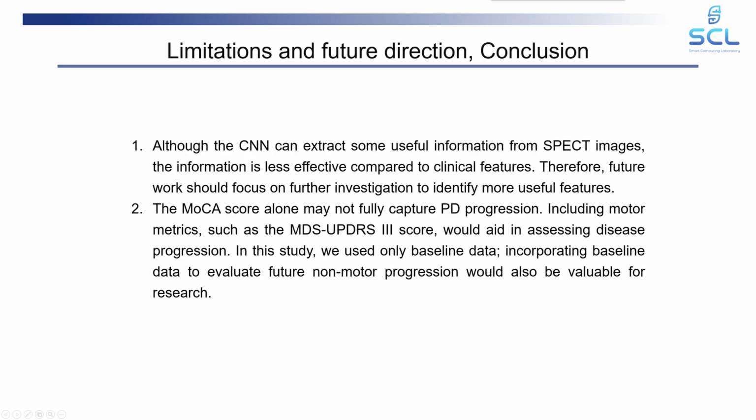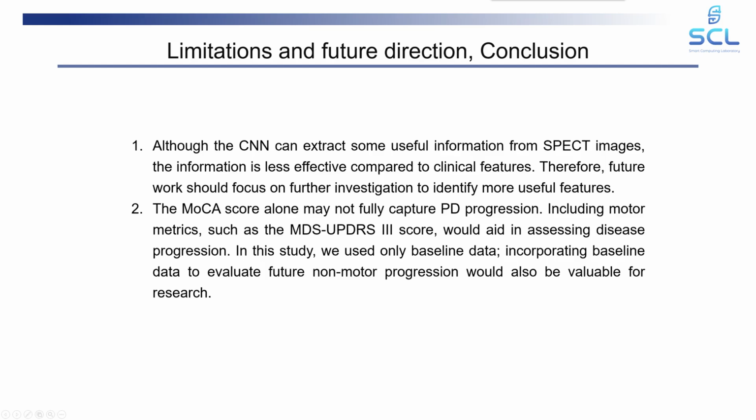Although the CNN can extract some useful information from SPECT images, this information is less effective compared to clinical features. Future research should focus on identifying more useful features from SPECT images.